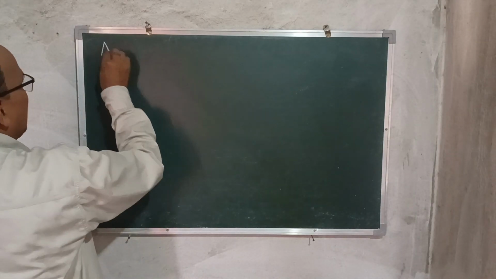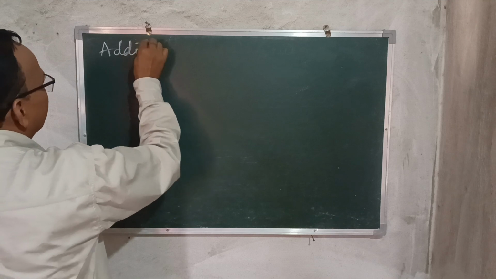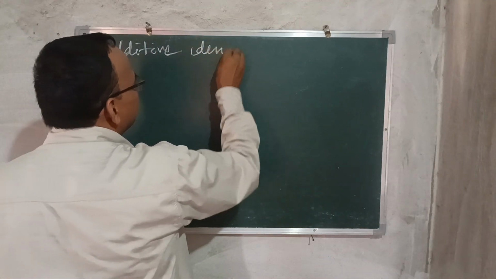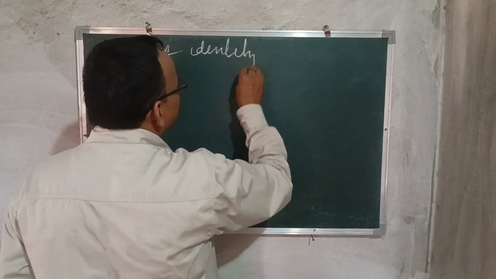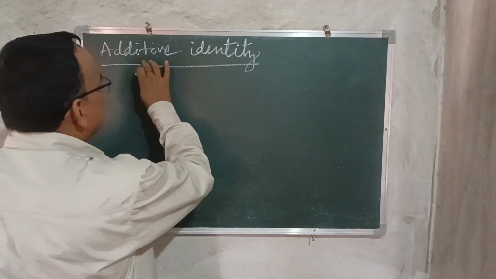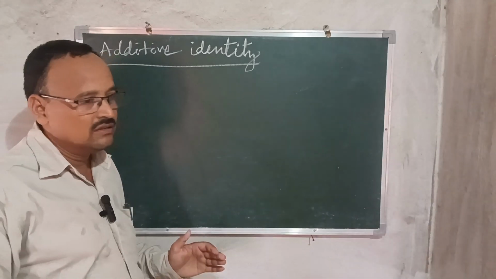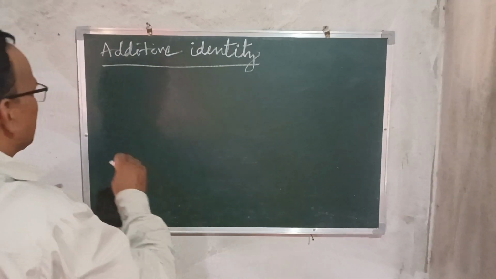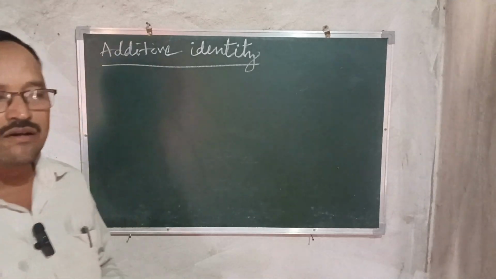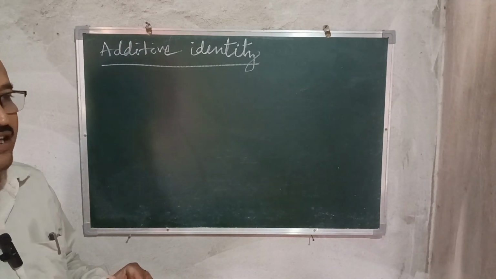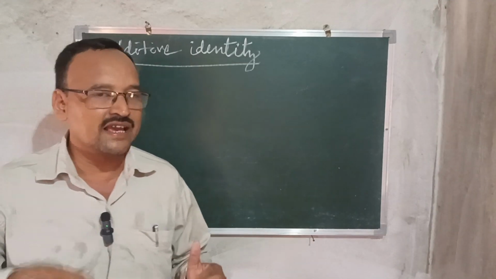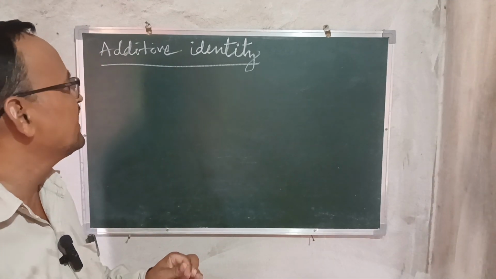Additive identity. The additive identity of the integers is the number such that when it is added to an integer, the value remains the same. That is the additive identity.